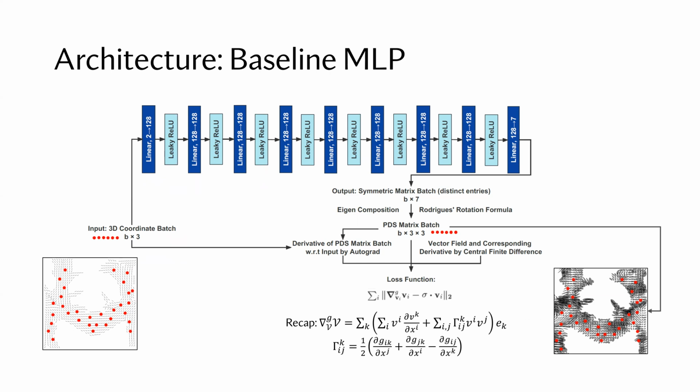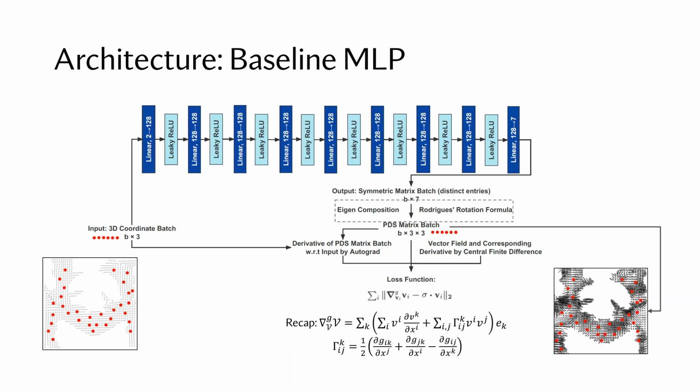The network will then generate a 7-dimensional vector, serving as the distinct entries for later matrix construction. We leverage the eigen decomposition and the Rodrigues rotation formula to turn these 7 entries into a 3x3 symmetric positive definite matrix, which is the final metric tensor at the corresponding location.